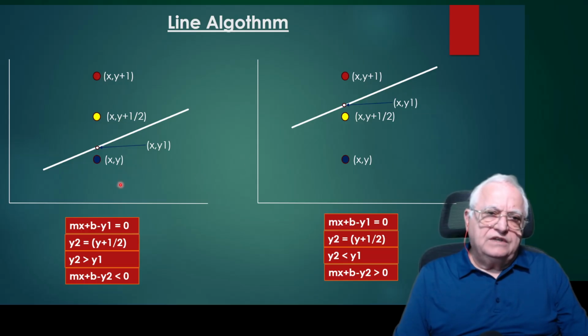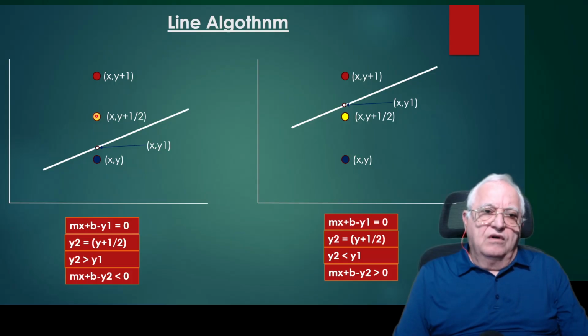So if we assume that the red is a pixel and the blue is a pixel, and a line is going to go across, and I plug in the value of the center between these two pixels, and the equation turns out to be less than 0, then I should say that the blue dot is closer to the line.